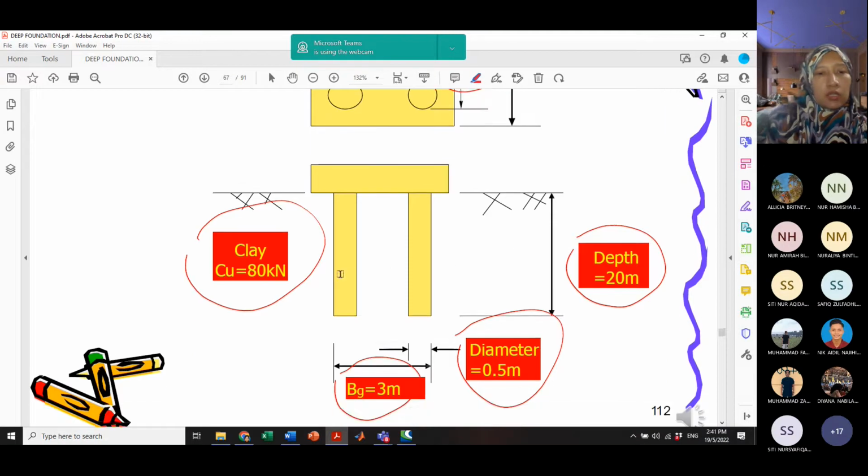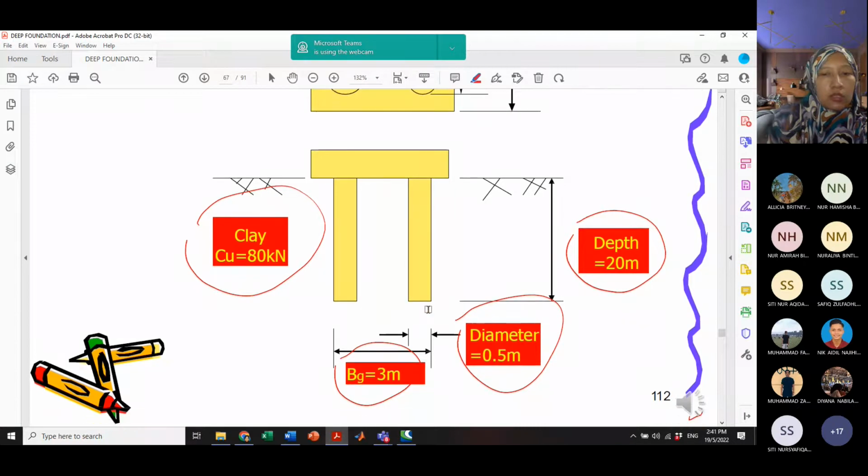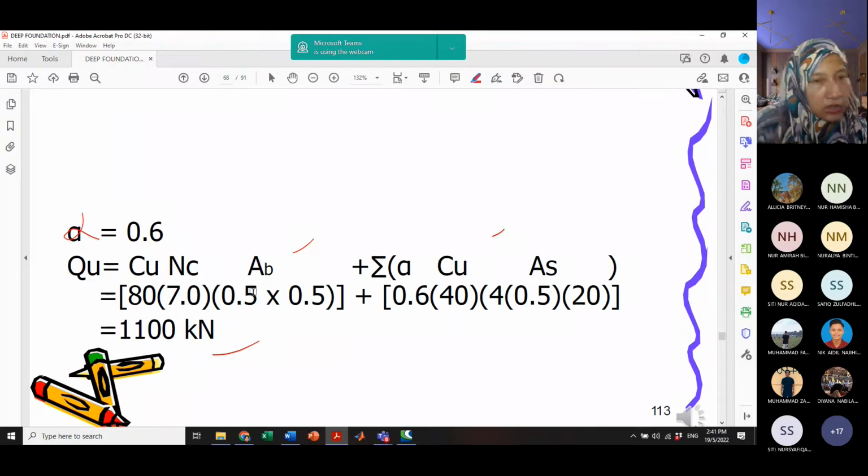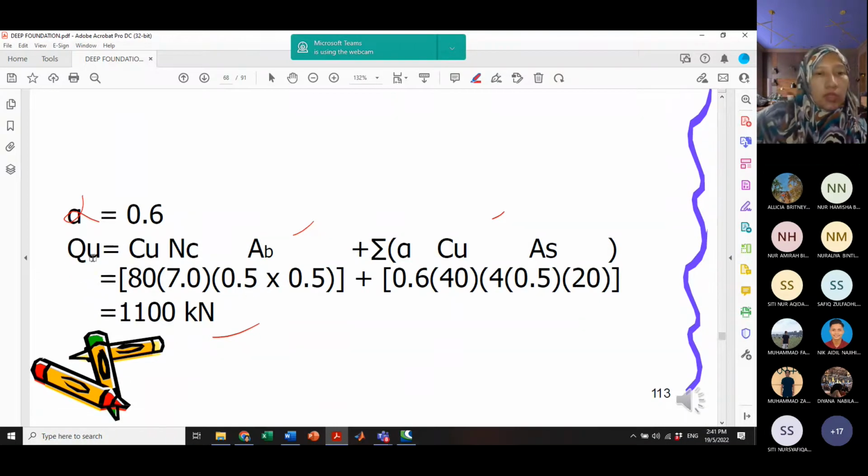Undrained coefficient is 80 kilonewton at the 20 meter depth. Diameter of the pile is 0.5. So using the alpha method, we will get the ultimate bearing capacity of the single pile as 1100. At the 20 meter depth, the value of Cu is 80, and the average of the Cu from 0 to 20 meter is 40. And then the area of the shaft is pi dL.